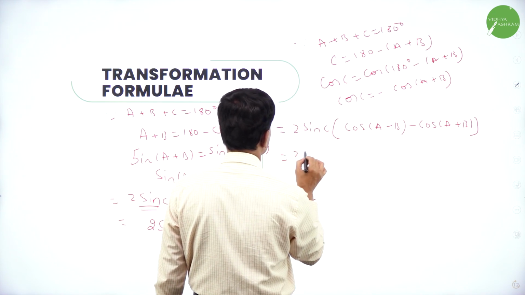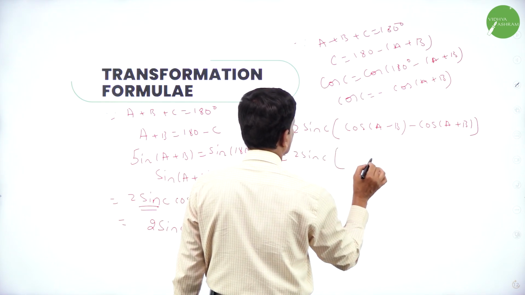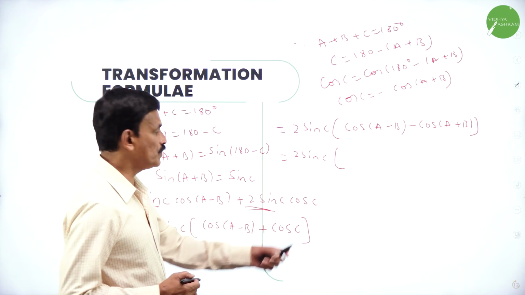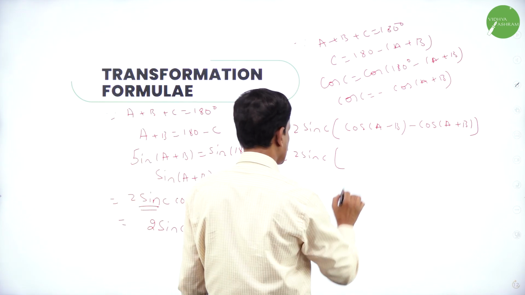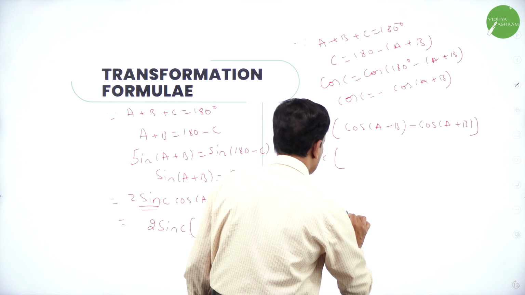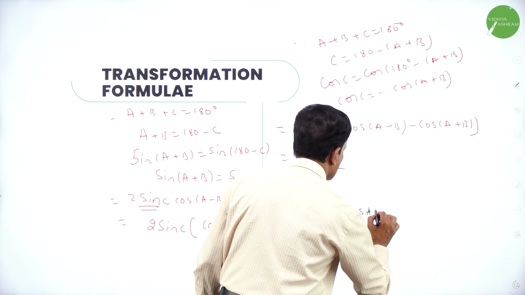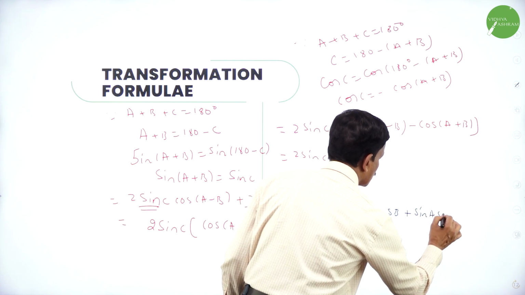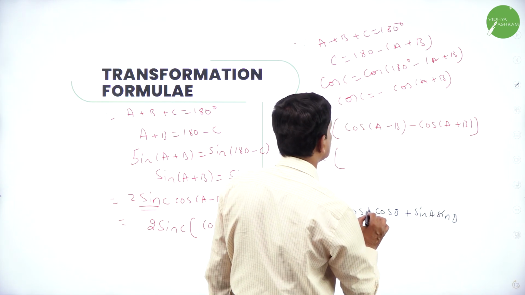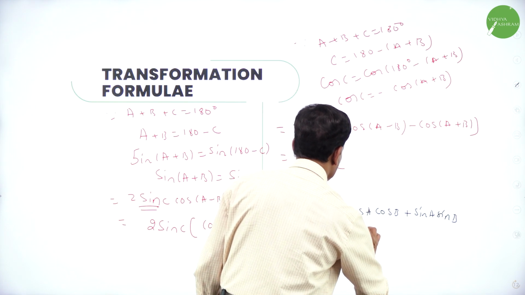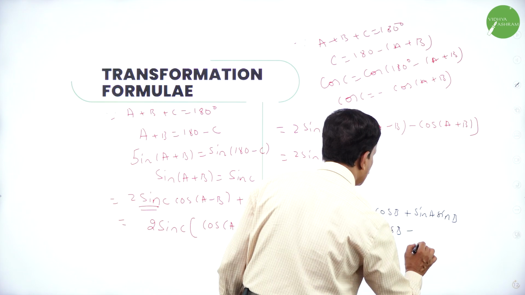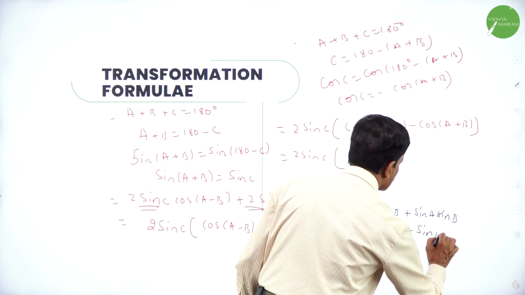Now, this is 2 sine c into, now what is cos a minus b minus cos a plus b? If you simplify this separately, cos a minus b is equal to cos a cos b plus sin a sin b, right? Cos a plus b is equal to cos a cos b minus sin a sin b.